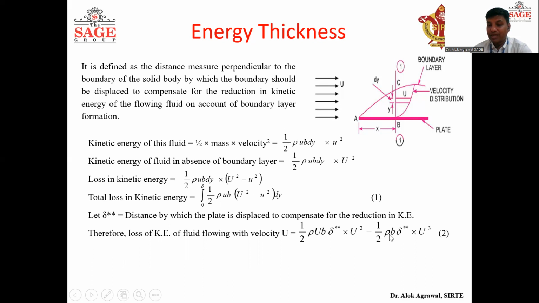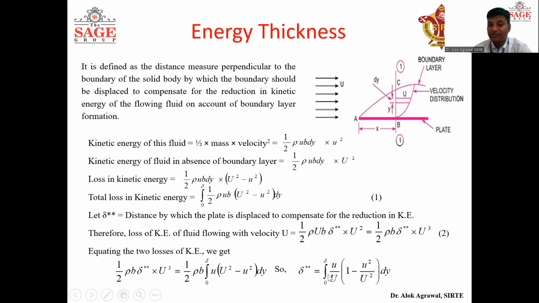So it will come as half rho b delta double star U cube, equation 2. Again, we have to equate equation 1 and 2. While equating them and keeping delta double star on one side, we will get the integral from 0 to delta of small u by capital U into (1 minus u squared by U squared) dy. So with this formula, we can calculate the energy thickness.